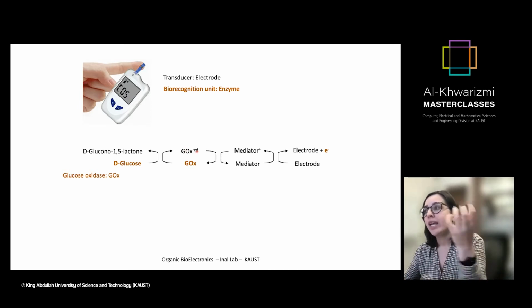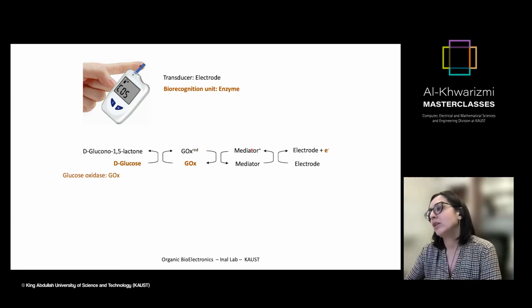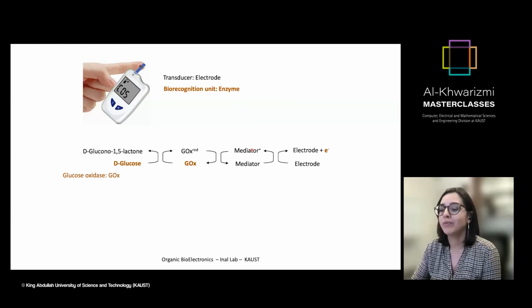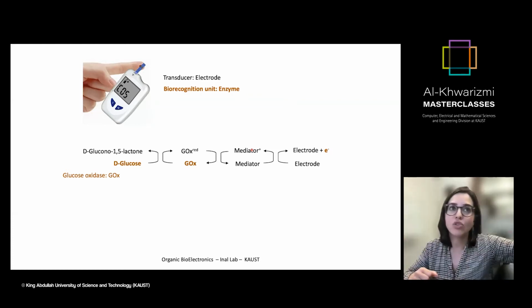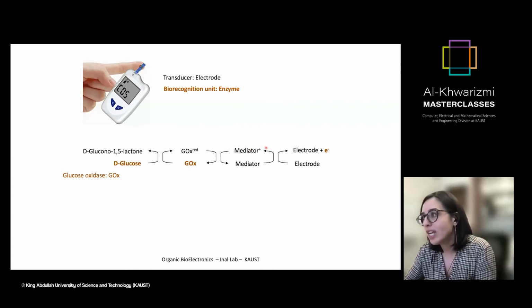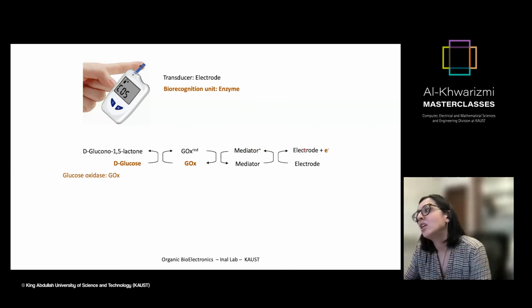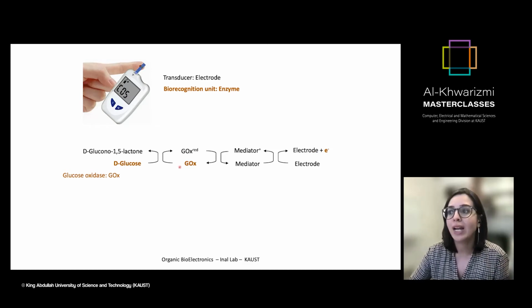This electron is then transferred to a mediator. Think of it as a chemical species that can shuttle electrons, basically a vehicle that takes those electrons and gives them to the electrode. And the net result is one electron that the electrode takes for each glucose reacting with glucose oxidase.